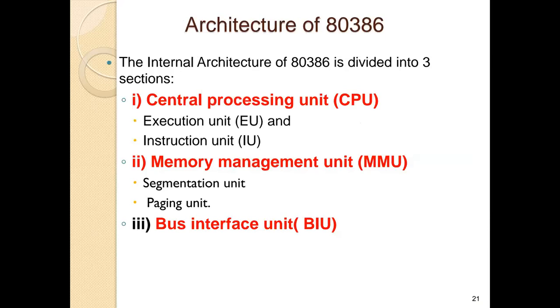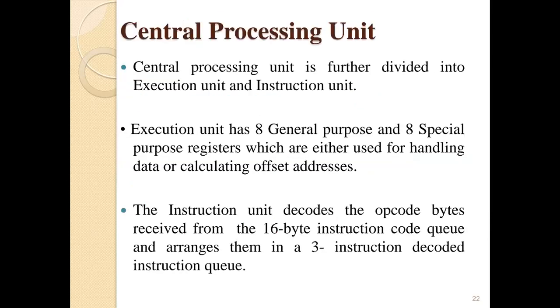The internal architecture of the 386 is divided into 3 sections: the central processing unit, which has the execution unit and instruction unit; the memory management unit, which consists of the segmentation unit and paging unit; and the bus interface unit.